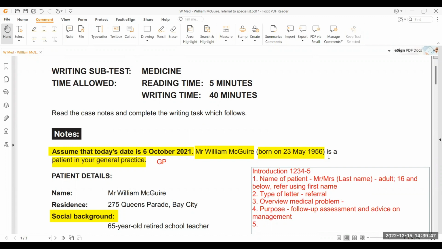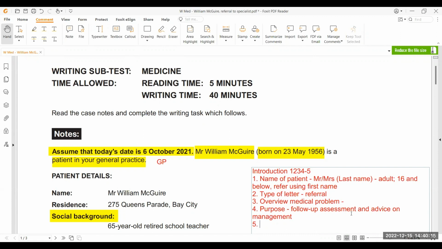In this example, you're the ER doctor and you will be writing to the GP. So even if the GP is already familiar with the patient, it's possible that the GP was not aware that the patient was involved in a house fire. Is that fair to say, Dr. Seifa?